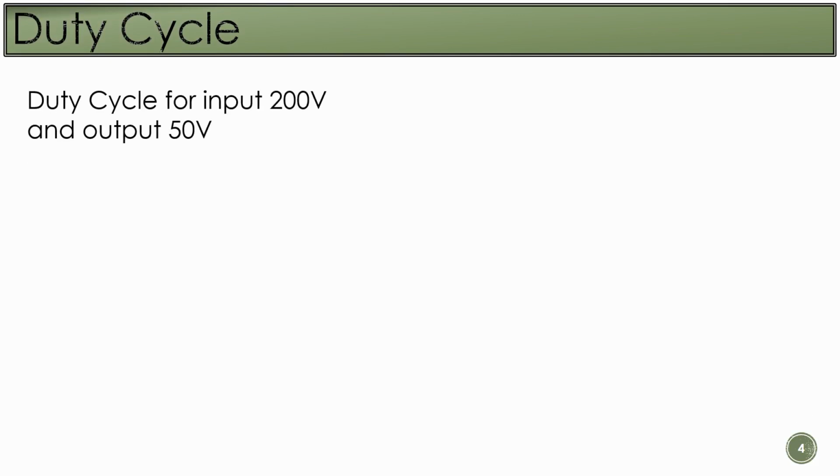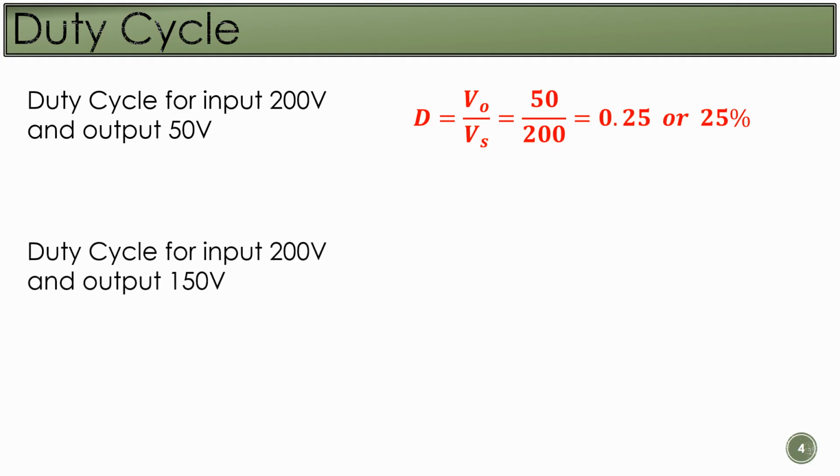The duty cycle is defined as the output voltage upon source voltage. Here there are two output voltages: minimum voltage is 50 volt and maximum voltage is 150 volt. First calculate the duty cycle for input voltage of 200 volt and output voltage of 50 volt. The duty cycle is 50 by 200, which gives 0.25, or 25% duty cycle.